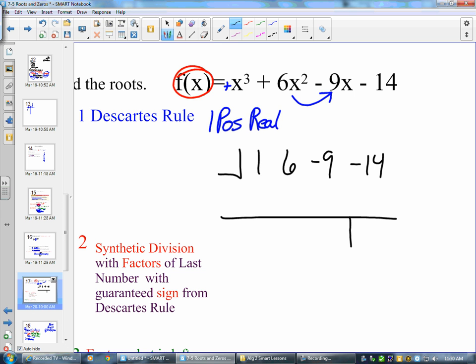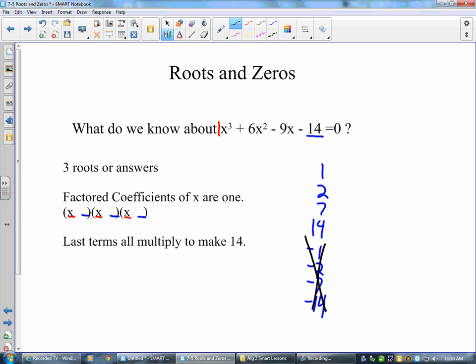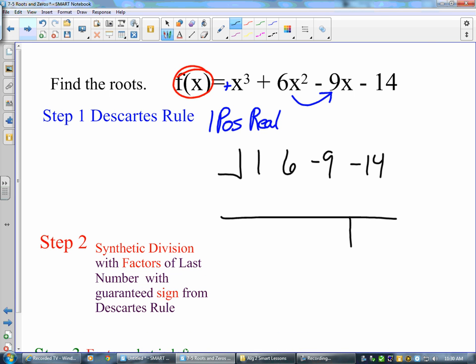So going back to this problem, we said we had 8 to choose from, but now that we know one of them is guaranteed to be positive, these are not guaranteed to work. We only have 4 to pick from. So let's try one of the 1, 2, 7, and 14. Let's try a smaller one because it's normally not the bigger ones. Let's start with 2. If that's too big, we can go down to 1. If it's too small, we can go up to 7.